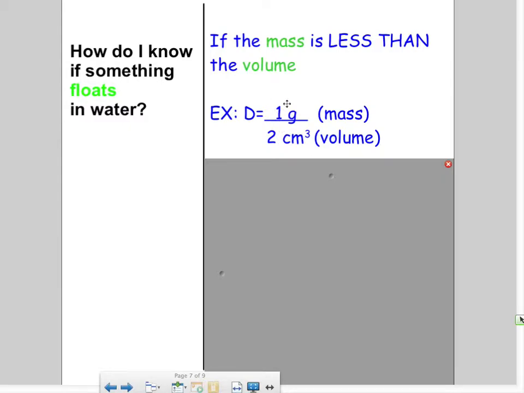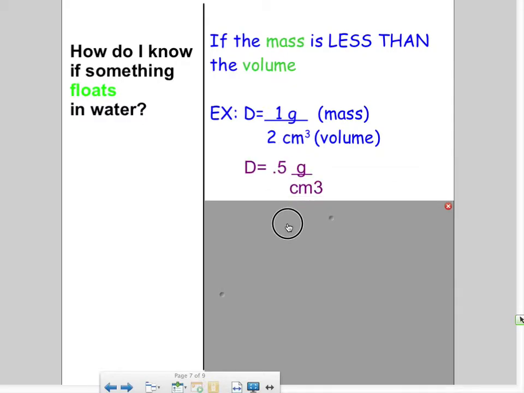If this number is less than the volume, then you know it will float. If you solve for this by taking your calculator and dividing 1 divided by 2, you would get an answer of 0.5 or half gram per centimeter cubed. So that would be the answer of the density. Does it float? Yes, because the mass is less than the volume.